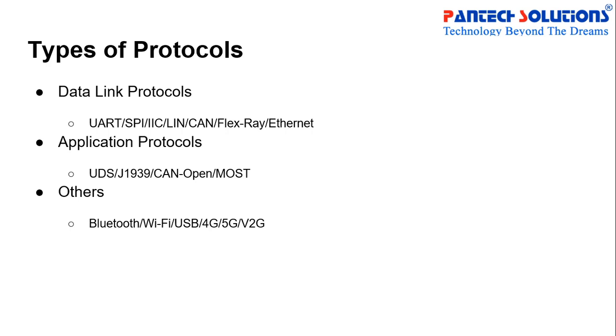Via Ethernet, we can transfer a video file or audio file in the high speed range. In that case, UART cannot be used, because UART speed will be less than the Ethernet protocol. So we can classify into three different types. Let us check one by one.